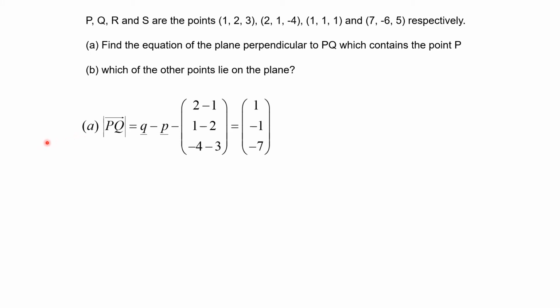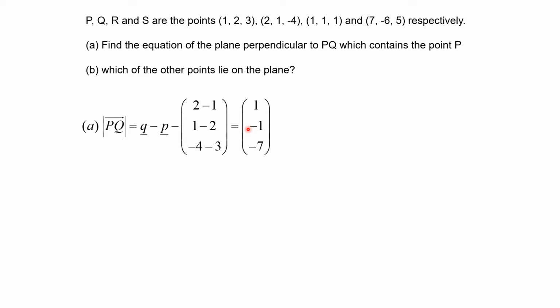PQ is identified by using the formula Q minus P. You subtract the x, y and z of Q and P respectively, and you will arrive at the normal vector, which is (1, -1, -7). These are the components of x, y, and z respectively. And you have to identify the second item, which is the point.